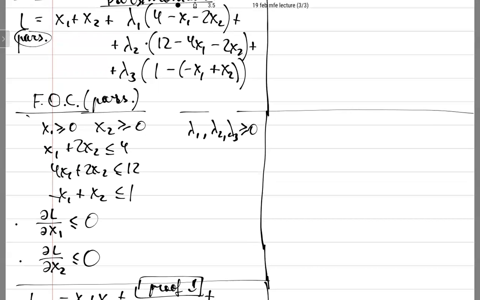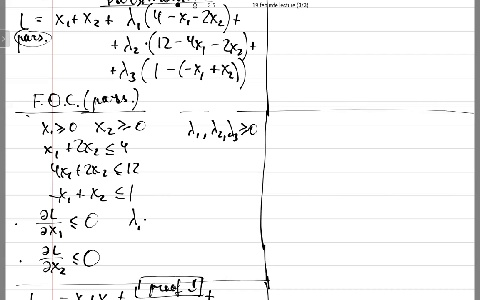Okay, so what are the other first order conditions? Who remembers? We have already done this many times.